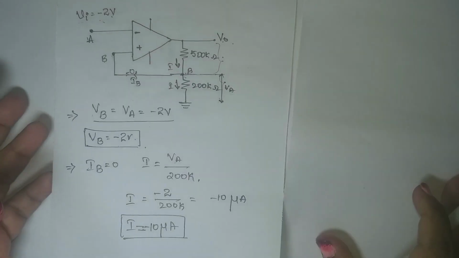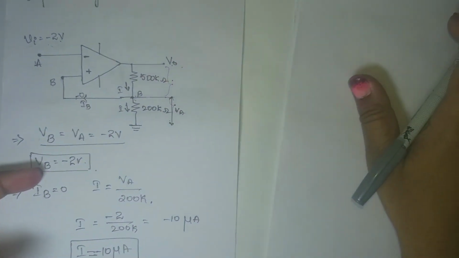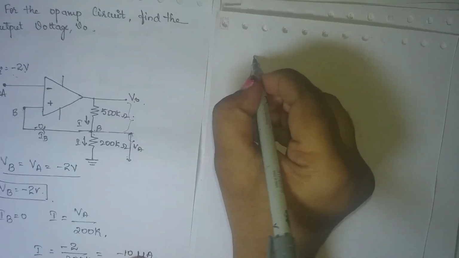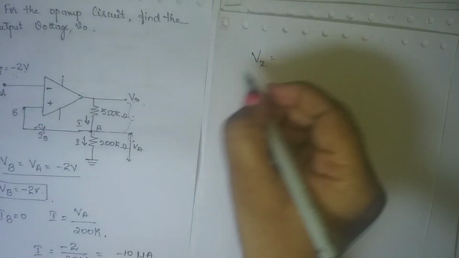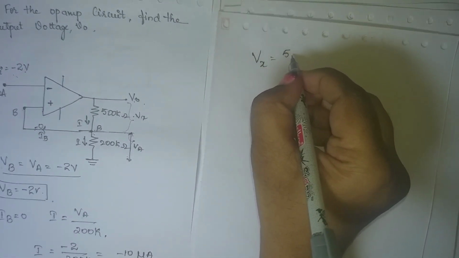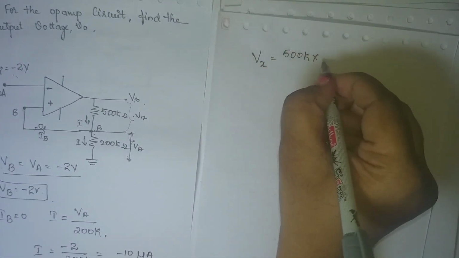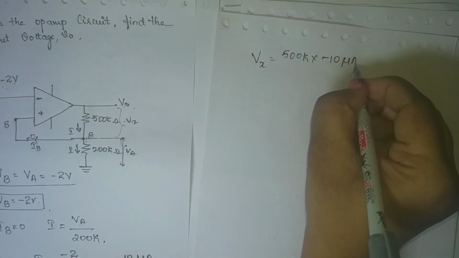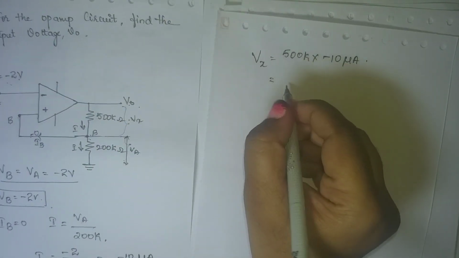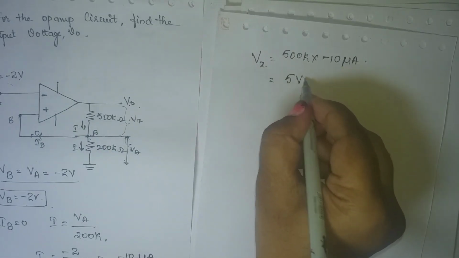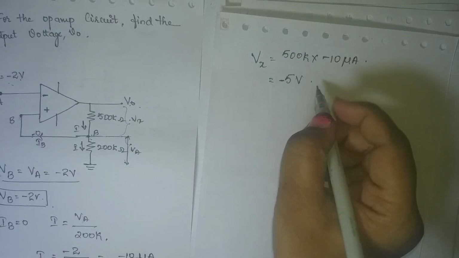Next, I have to find the voltage drop across this resistance. Let the voltage drop be Vx. Vx is equal to 500K into minus 10 microamps, which is minus 5 volts.